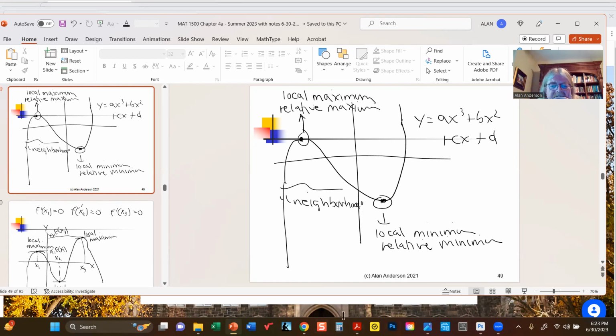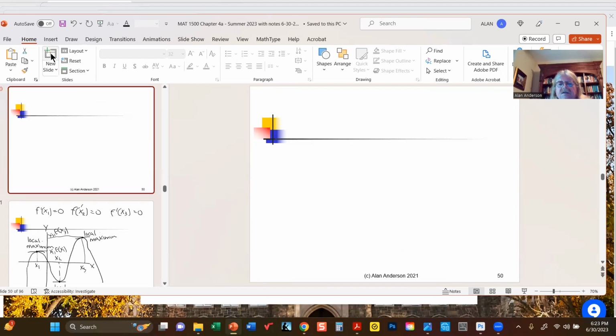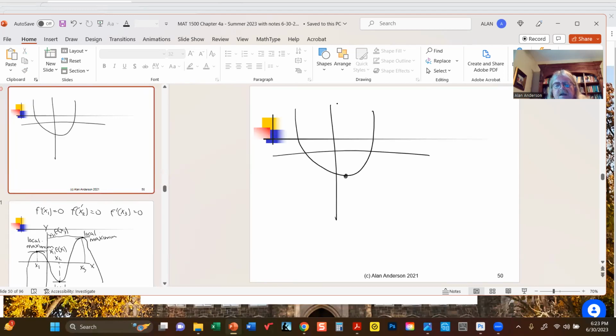And now, what about these parabolas, by the way? Let's take a look at them one more time. This is as small as the function can get. So this is not a local or relative minimum. We're going to call this a global or absolute minimum.